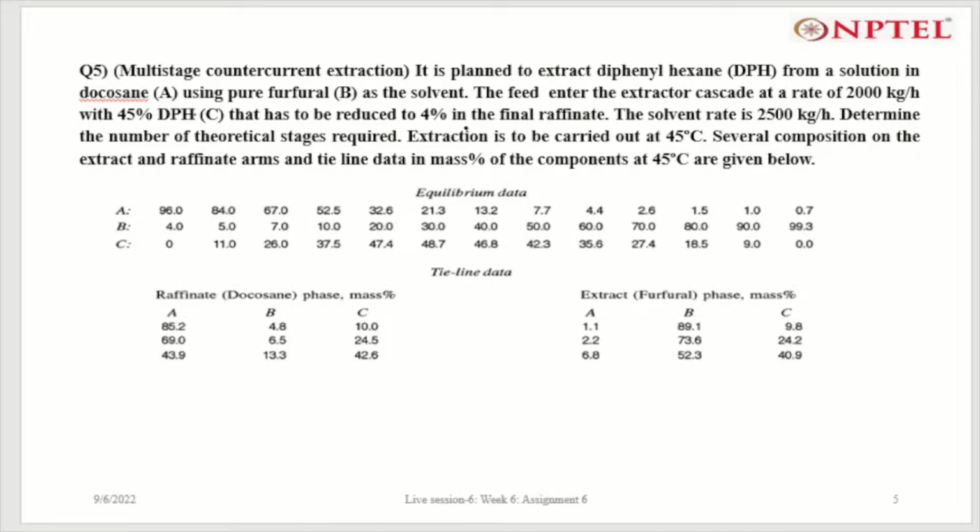That has to be reduced to 4% in the final raffinate. The solvent rate is given as 25 kg per hour. Determine the number of theoretical stages required. Extraction is to be carried out at 45 degrees Celsius. The extract and raffinate phase compositions and tie line data, in mass percentage of the components at 45 degrees Celsius, are given below.